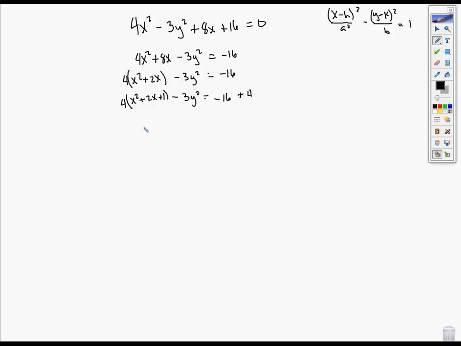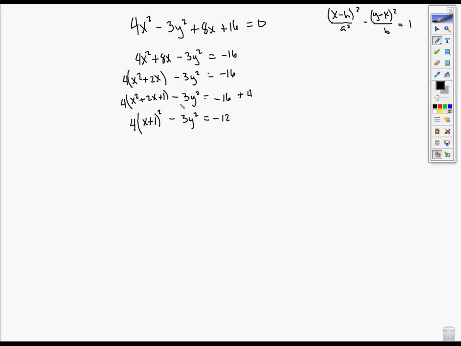Alrighty. And now I can start to factor it down, 4 times, and this whole thing is going to factor down to just x plus 1, nicely, just the way I wanted it to, squared, minus 3y squared equals negative 12. Now, do I have to do anything with the y?